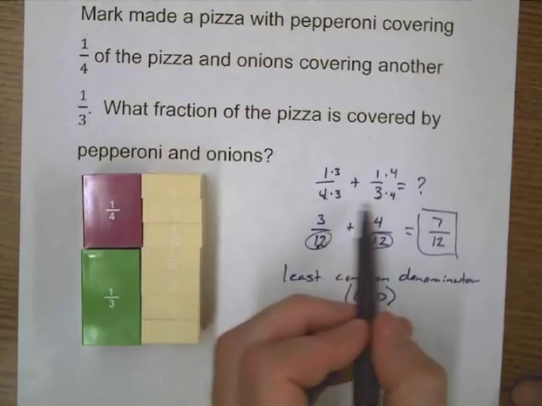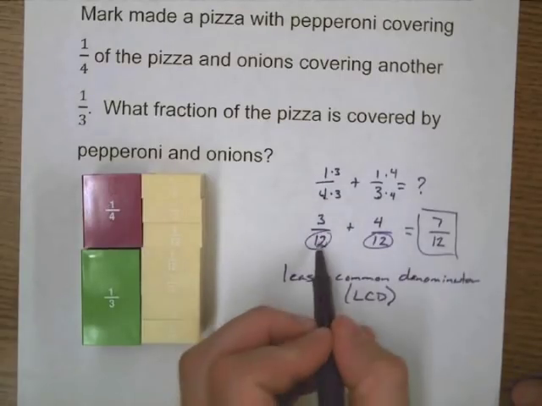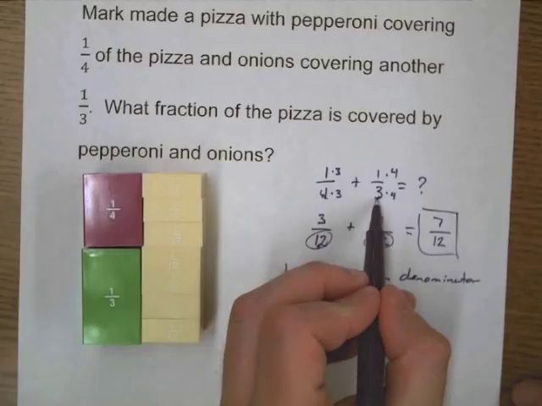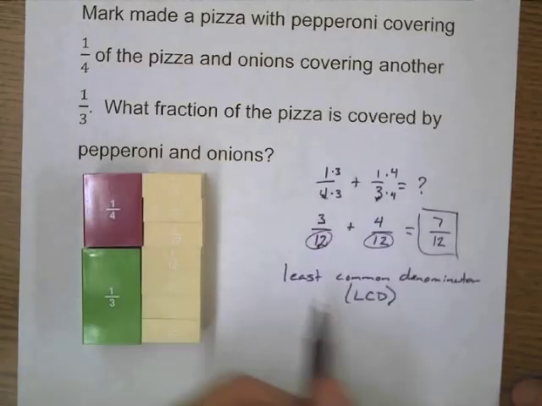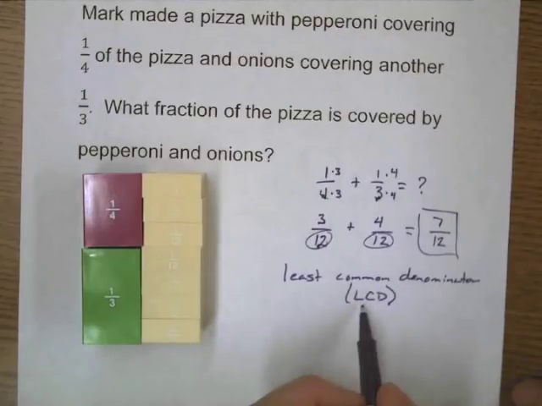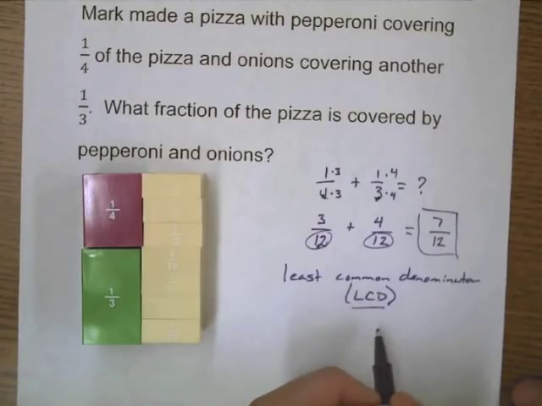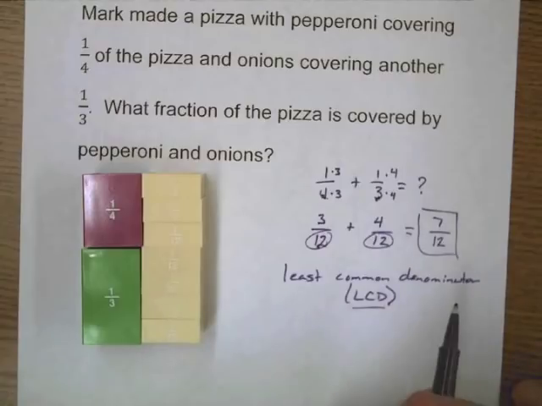And since we're looking at it in fractions, if we take the denominators and find the least common multiple of the denominators, we will also be finding the least common denominator, or the LCD. So it's just one way of using least common multiples to find the least common denominator.